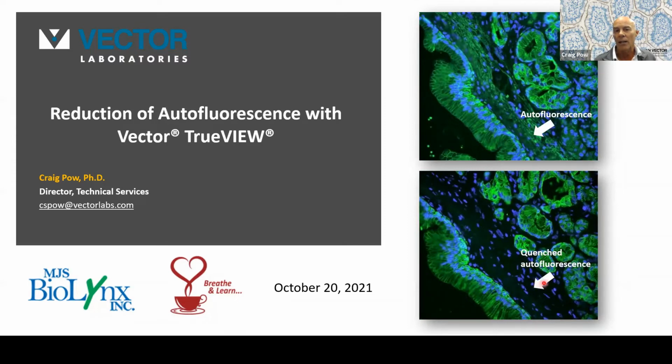This is an example of that autofluorescence that's now been quenched. So the more subtle autofluorescence could be interpreted as specific staining, be reported, and that would be a false result. Certainly this is problematic for many investigators.